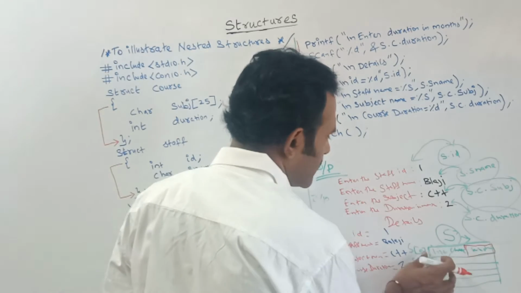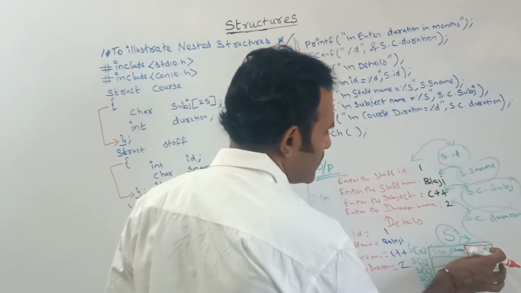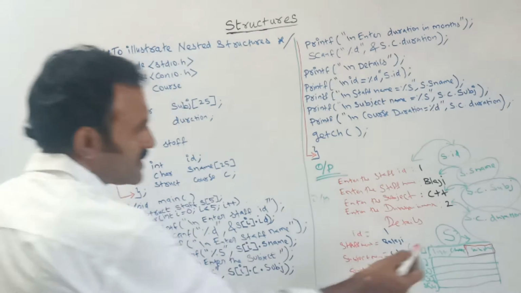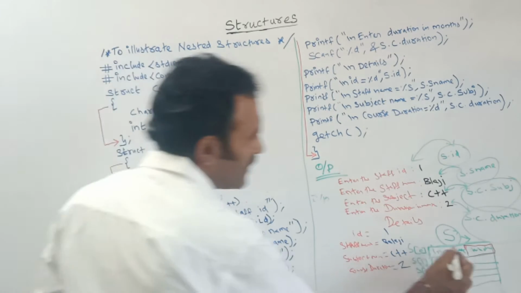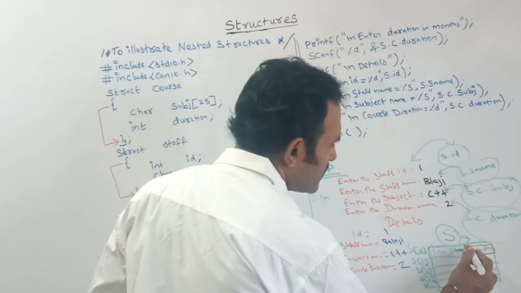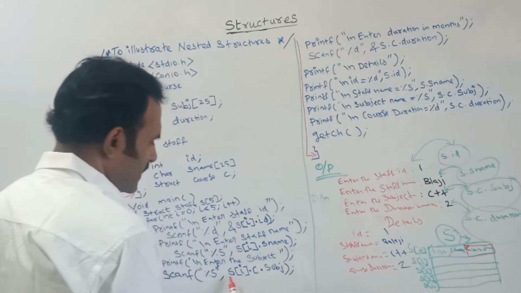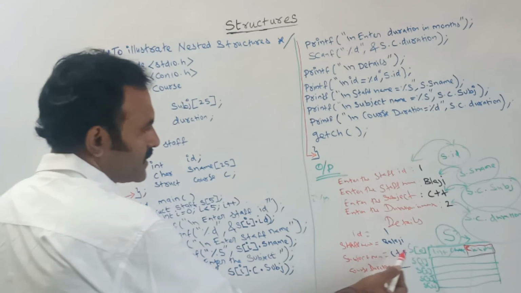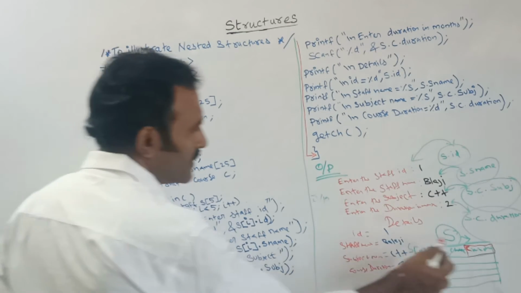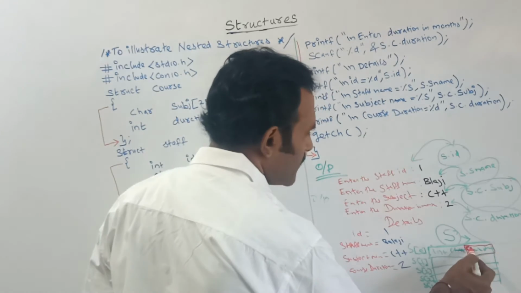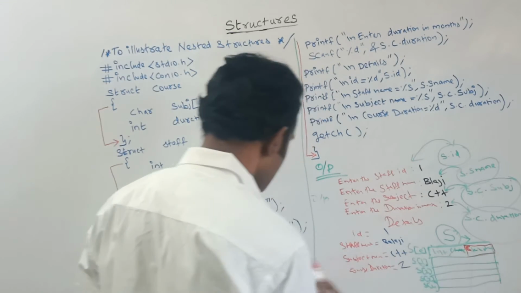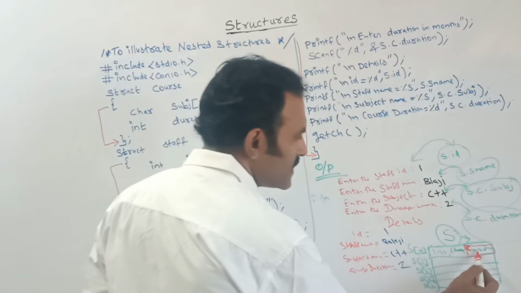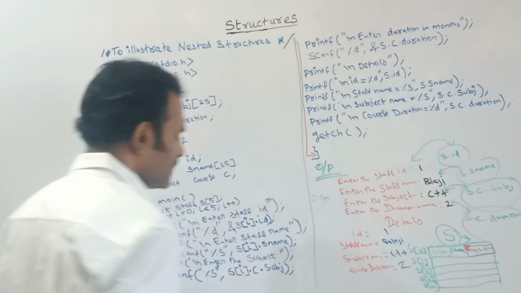For this structure I have given the structure name as c. So s of ith value, if it is 0, s of 0, then in that c, for the structure variable c, I am telling it to store the subject and duration.